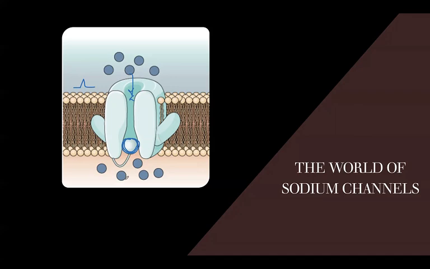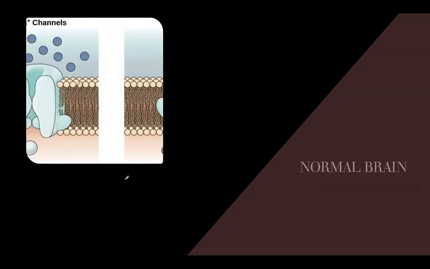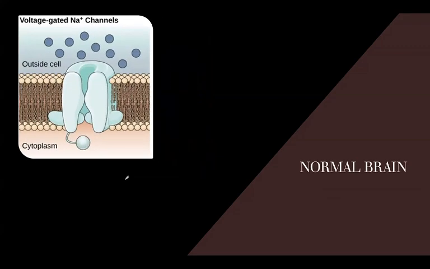Now, the normal thing is that after this state, let's say after a few milliseconds, the channel then returns to the closed state. So this is what we find in the normal brain: the channel goes through the closed state, comes to the open or active state, then goes to the inactivated state, then comes back to the closed state.